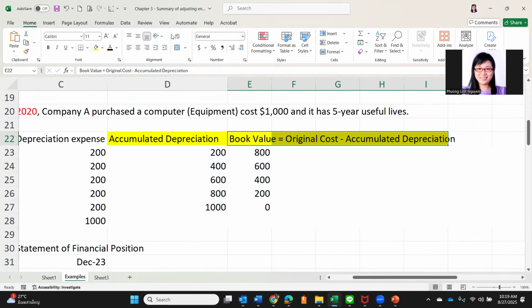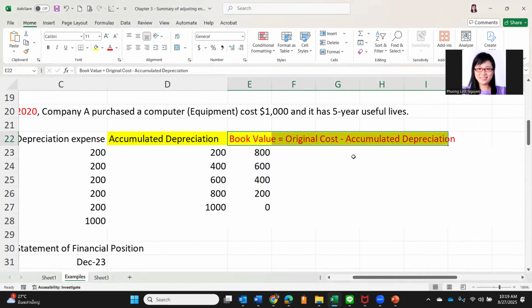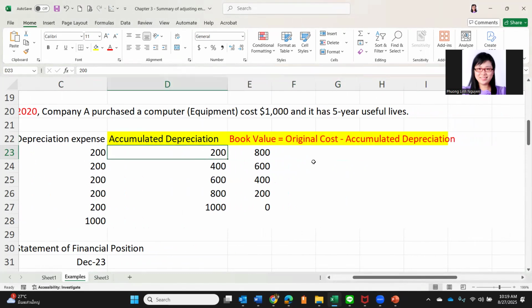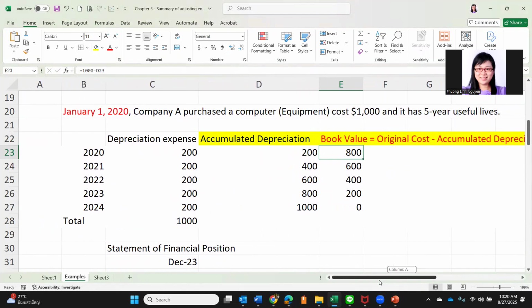The book value will be equal to the original cost of the assets minus accumulated depreciation. So the original cost is 1,000 and we minus accumulated depreciation 200, and that will give you 800. So book value of the assets at the end of year one would be 800.